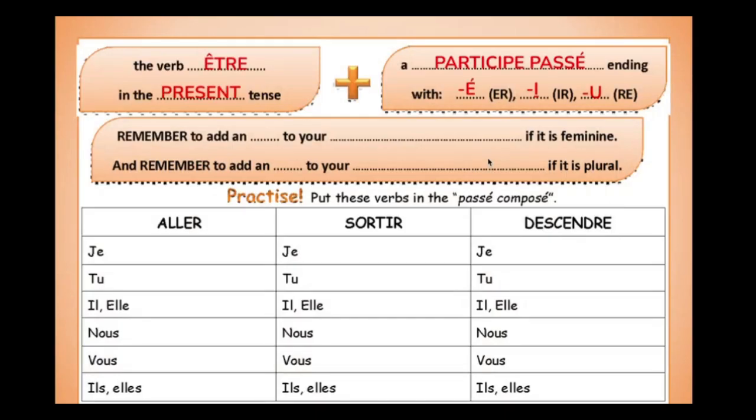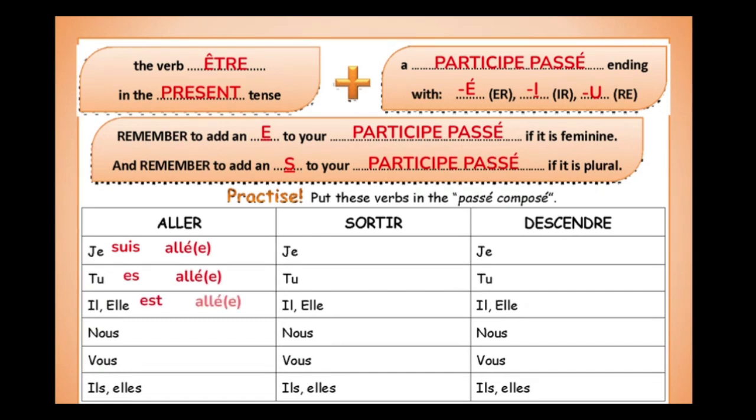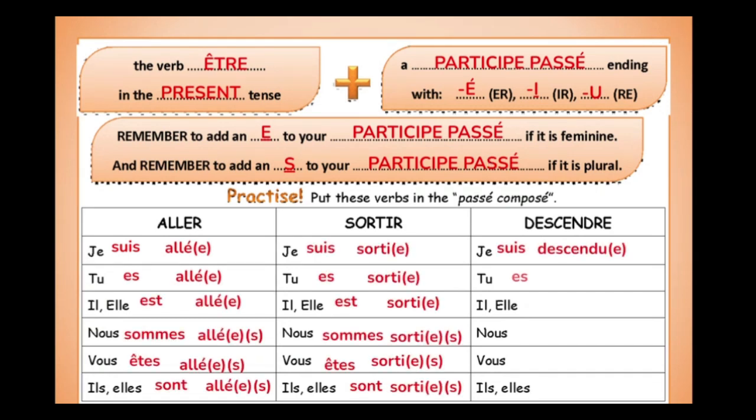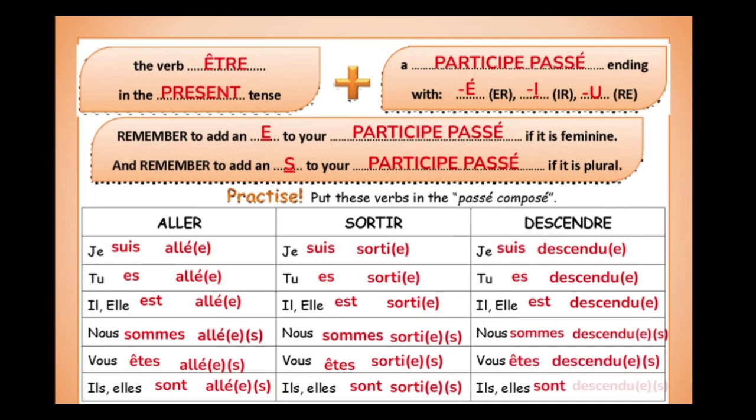And the last one is I went home, je suis rentré. So these are the examples of the verbs that we saw. Again, here is the summary of the rule with the examples. Remember that you have to have two verbs. The first verb is going to be either être or avoir. Since we're doing être, it's going to be at the beginning in present tense. And then we add the past participle of the second verb.